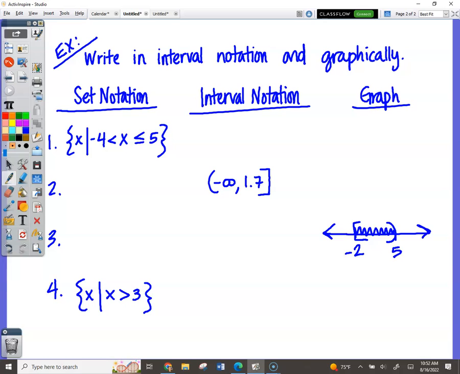Okay, so those are your problems. You need to write the other way of expressing it. When you get to number 2, I'm not asking you to start labeling on a number line 1.7. You can just draw the number line and then make your tick mark 1.7. You don't have to count it out or measure it.